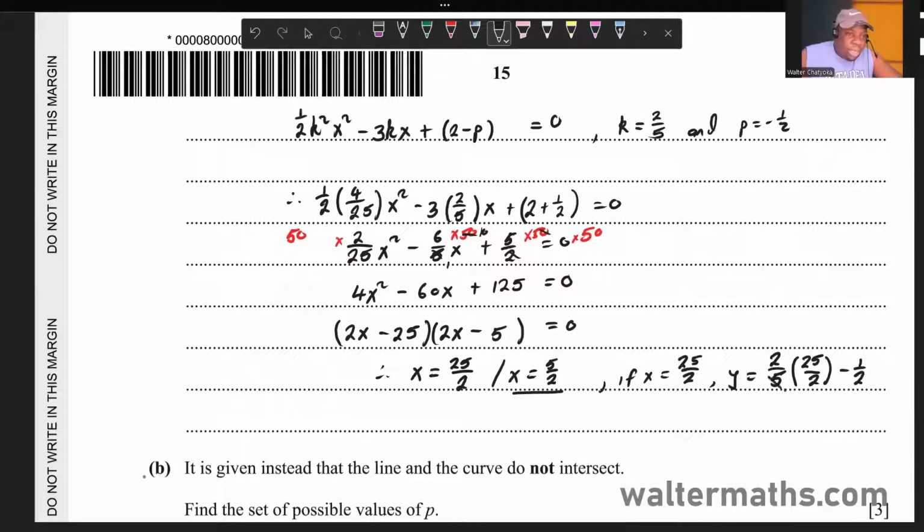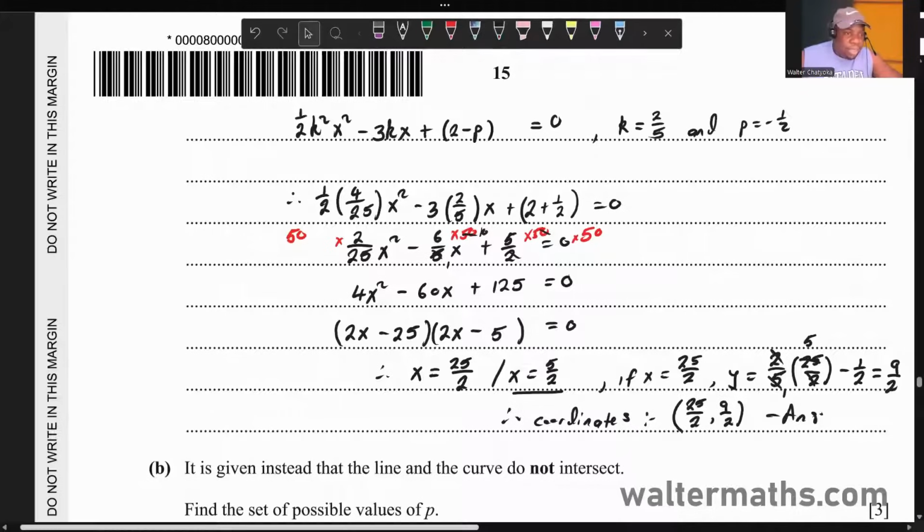So basically, this is 5 here, and the 2's cancel. So 5 minus a half is 9/2. So therefore, the coordinates of the other point which are required are 25/2 and 9/2. So that's the answer here to the other part of the question.